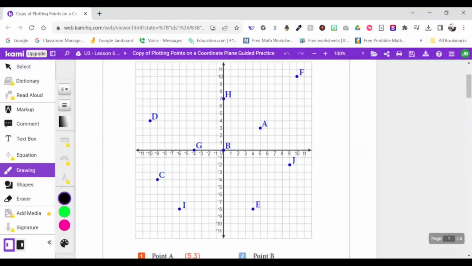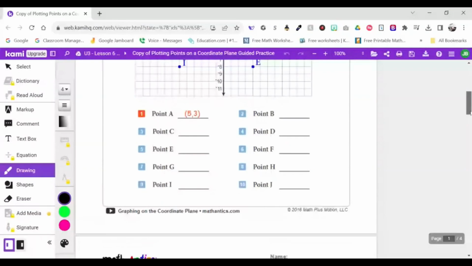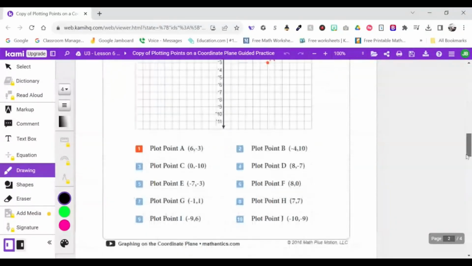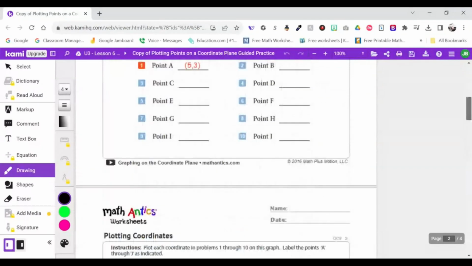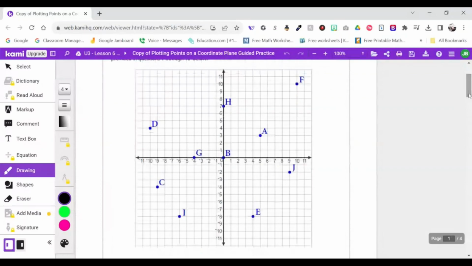And basically what they want us to do is to tell where these points are located. And then the second part is we're going to plot the points. So first part here, talking about where are these points located.